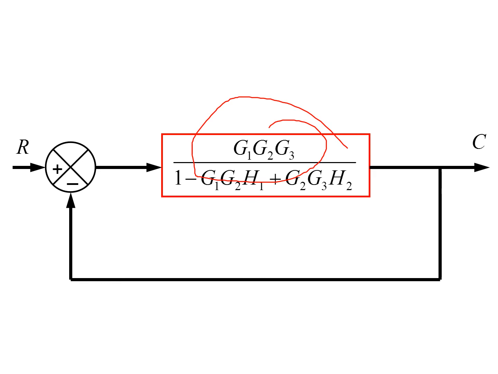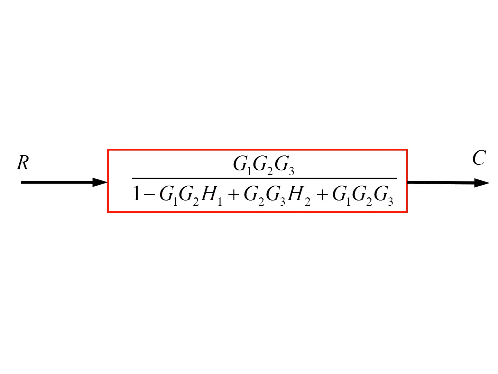Again, this is a feedback loop which has a feedback gain of unity, that is, here H is equal to 1. By eliminating the feedback loop again, we get the canonical form which has the gain G1 G2 G3 by 1 minus G1 G2 into H1 plus G2 G3 H2 plus G1 G2 G3.